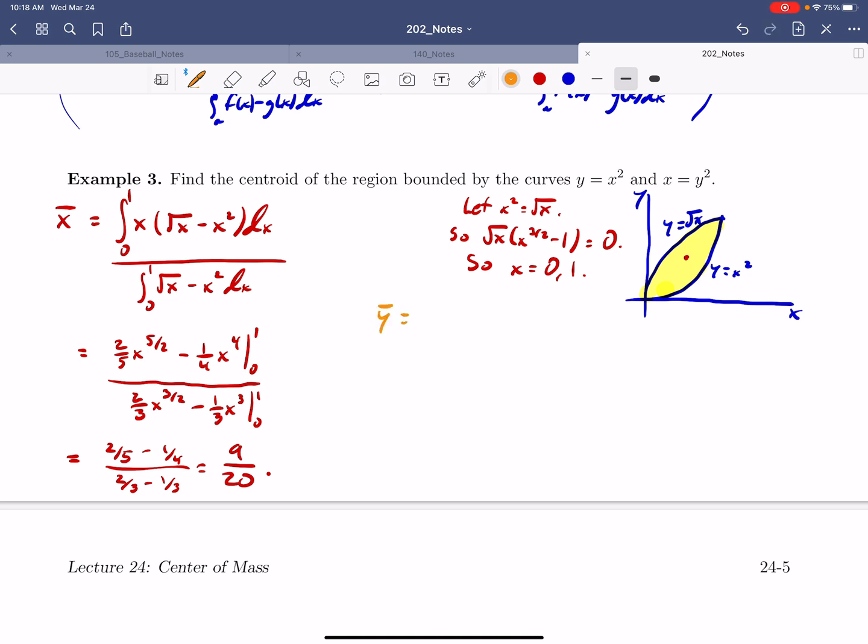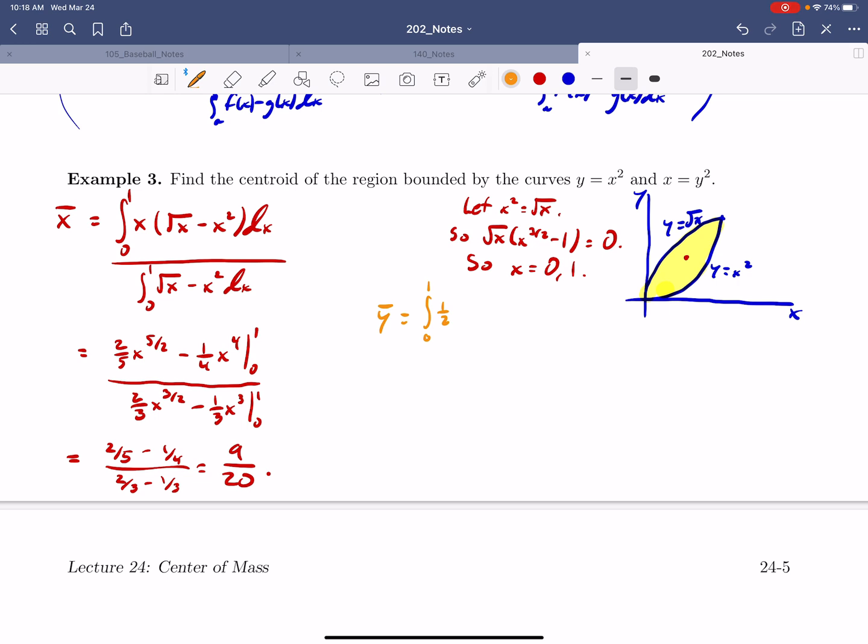So y bar is going to equal an integral divided by an integral, right? Integral from 0 to 1, 1/2 of, remember, it's the moment of the square root of x minus the moment of y equals x squared.